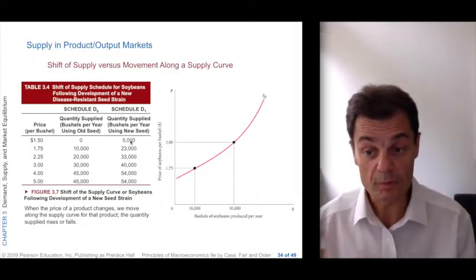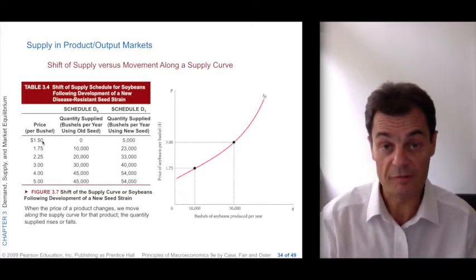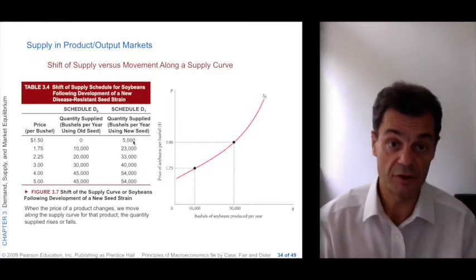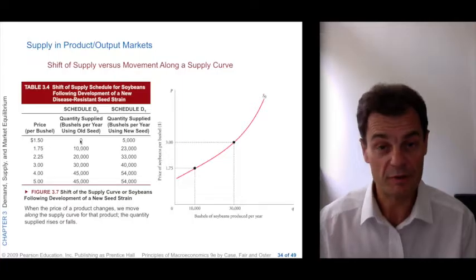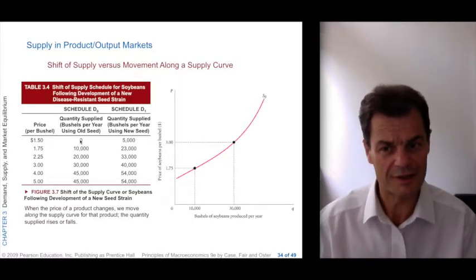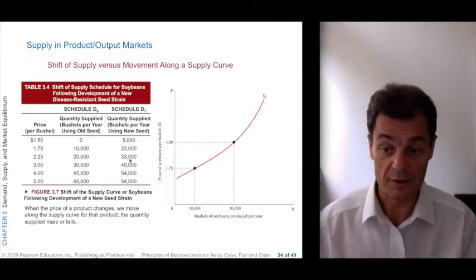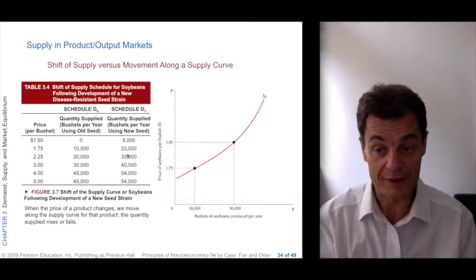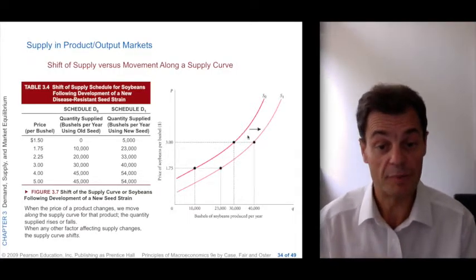Farmers would be willing maybe to supply the new type of soybean at $150, and at that price they would be ready to supply 5,000 tons, whereas in the past with the old type of soybean it would have become too expensive for them to supply it at that price, and they would not have done it. And you can see here that with the new soybean they are willing to supply more quantity. This is a shift to the right of the supply curve.